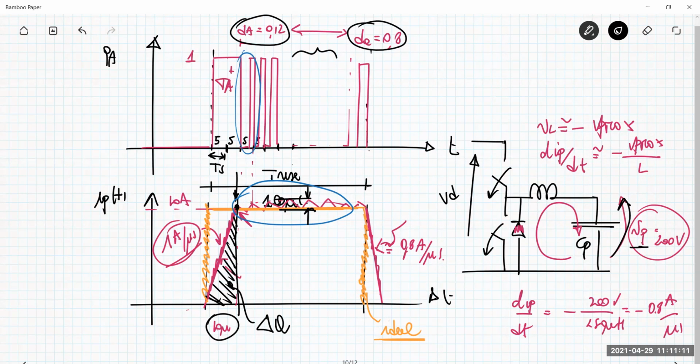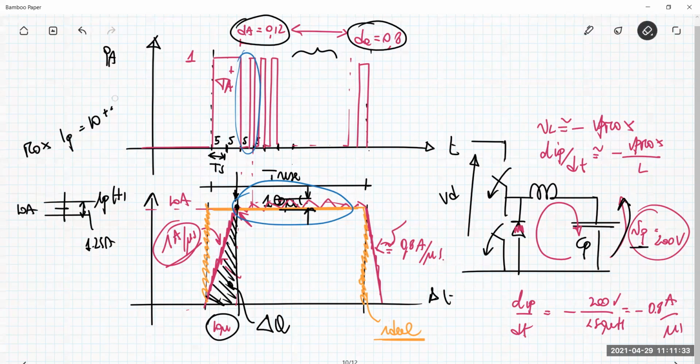If you want to consider the peak value of the current, it is 10 amp, then you have the maximum ripple of 1.25 amp. So the max current is 10 plus 1.25 over 2.